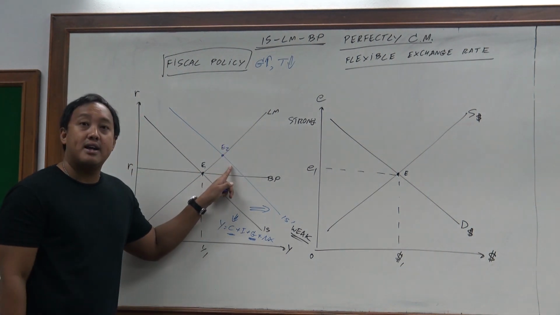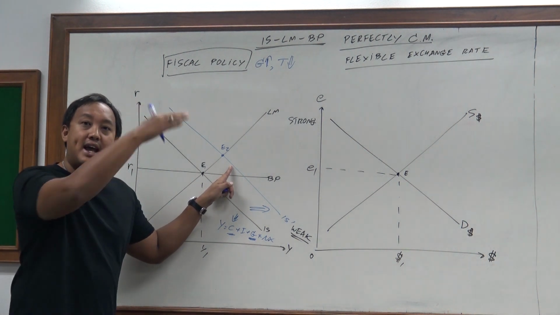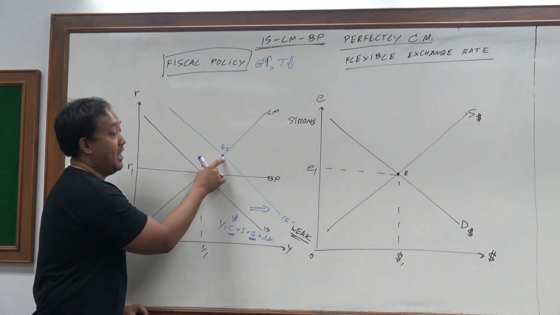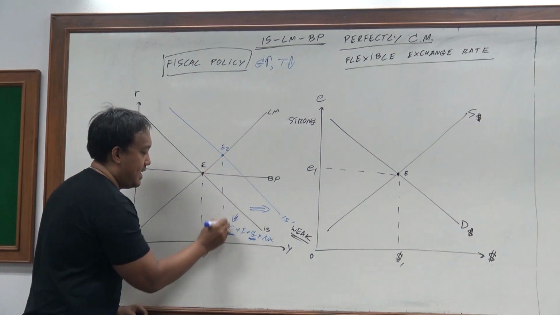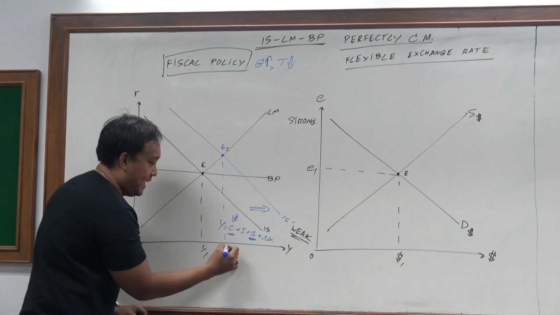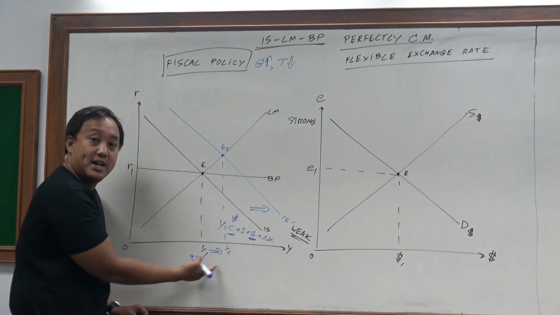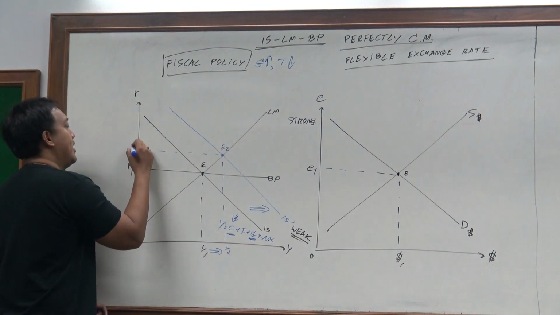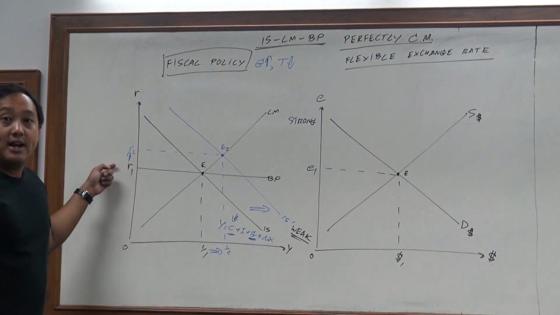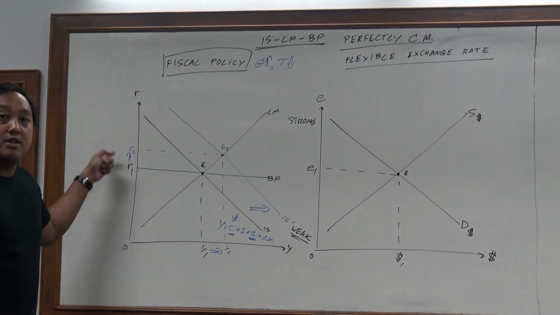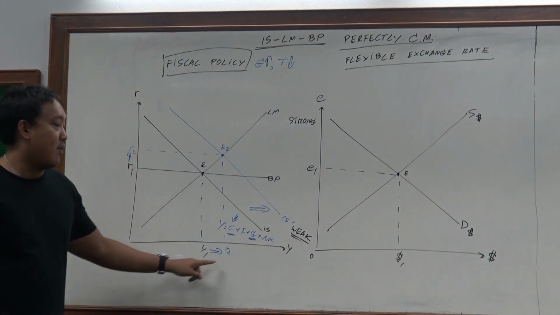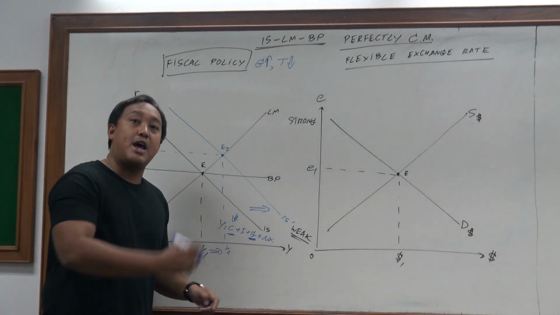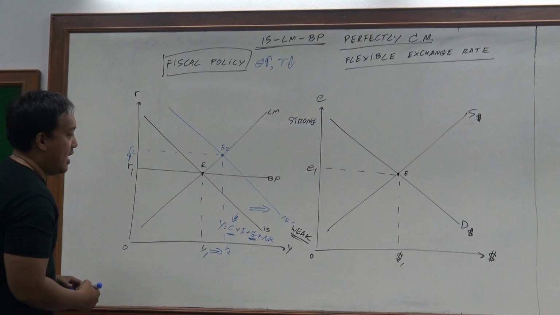We focus on the point where IS intersects with LM, which is E2 here. Then you can see that by using fiscal policy, GDP increases from Y1 to Y2 and the real interest rate increases from R1 to R2. So fiscal policy quite works in the first step.